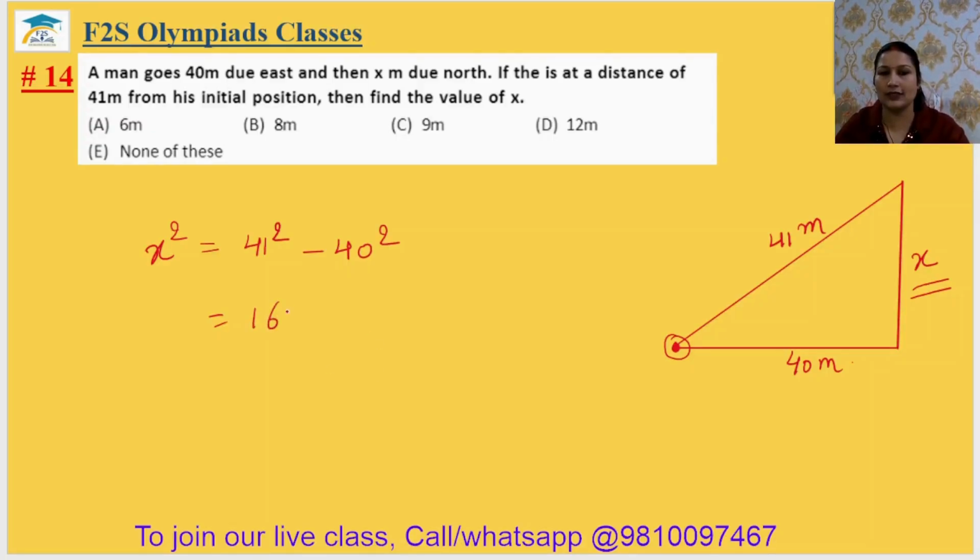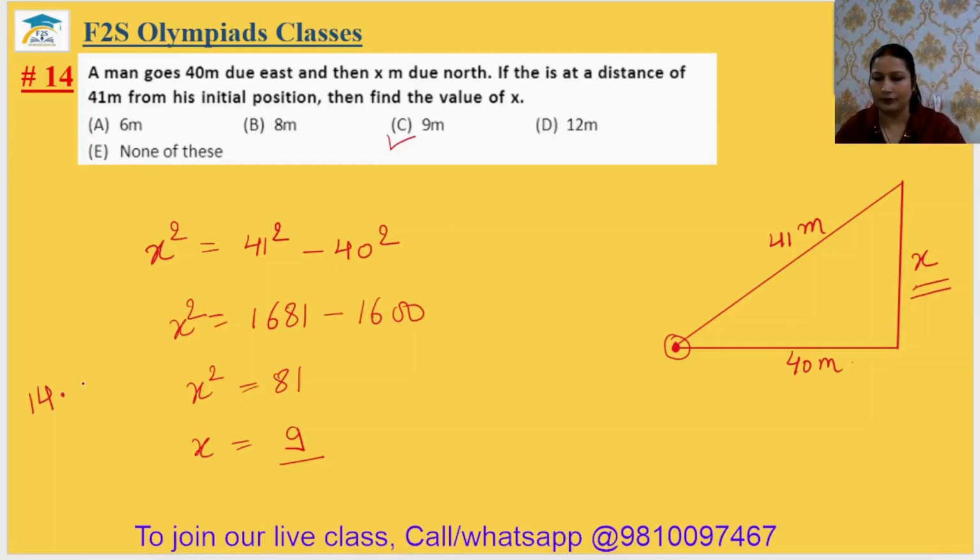So 1681 minus 1600, since 40 squared is 1600. X square equals 81. So x will be equal to 9. We have to find the value of x. That will be your 9 meter. The 14th answer will be option C.